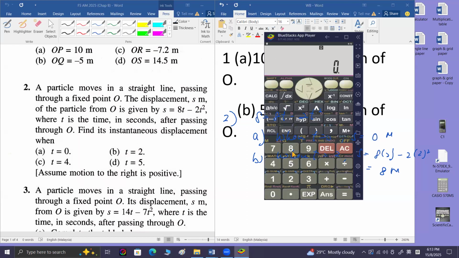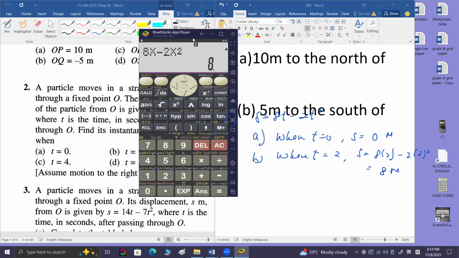Okay, then you apply like this. 8 alphabet x, same, EX1, minus 2 alphabet x squared. Then because of many values, you can go direct calculation, 0 equal. Then you get 0. Then you go calculation 2 equal. You get 8, you see?